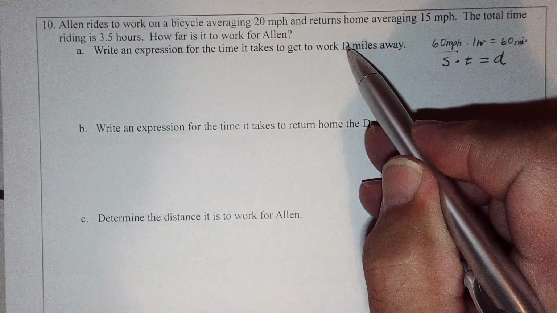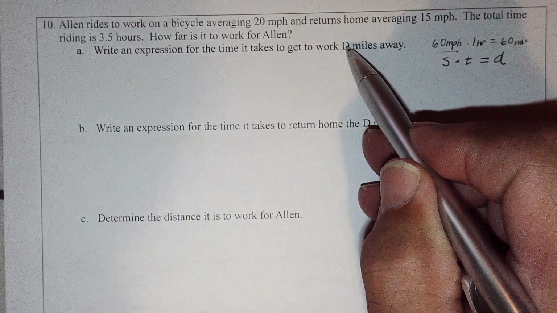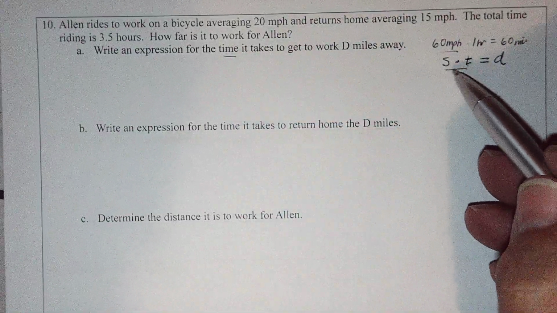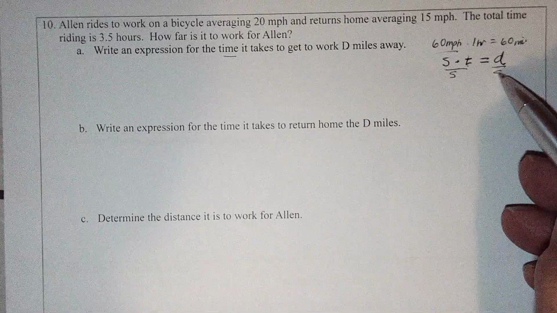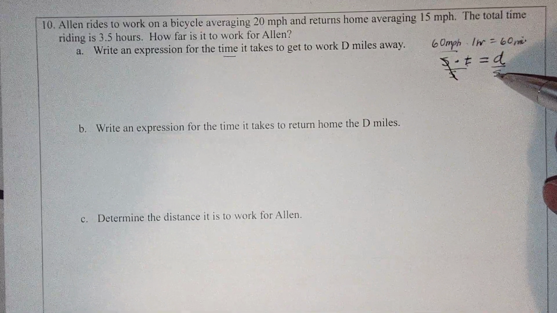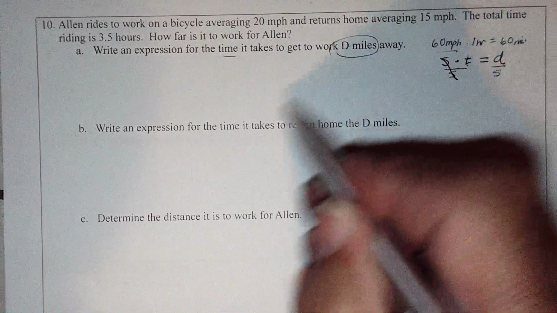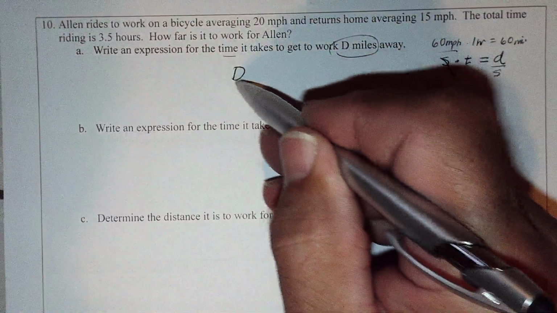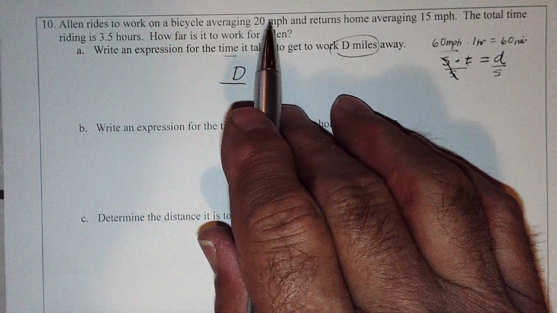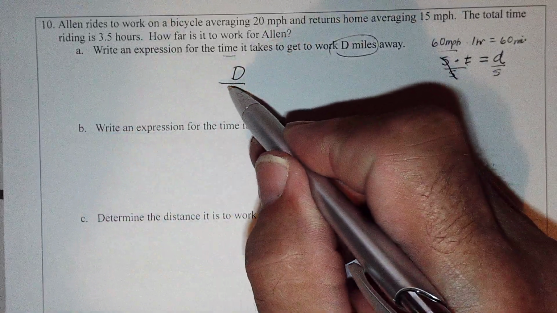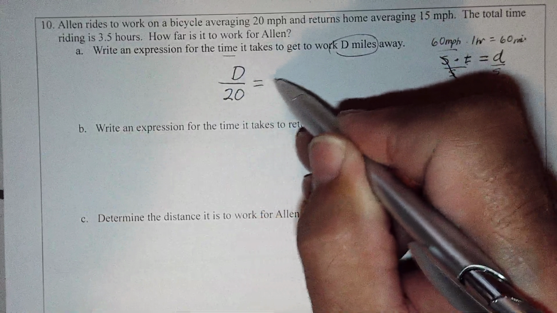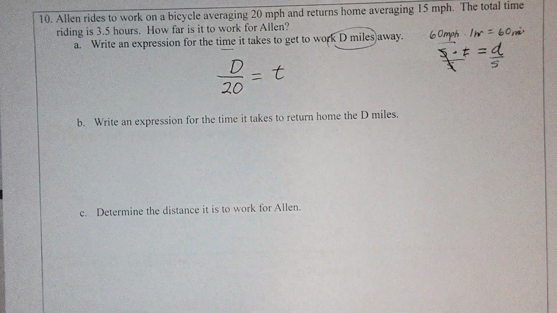So if they're going d distance and we want to get time, we have to divide by the speed. So time is the distance divided by the speed. I said d miles, so we go d divided by, to get to work, he's going at 20 miles an hour, so d divided by 20 is the time going to work.